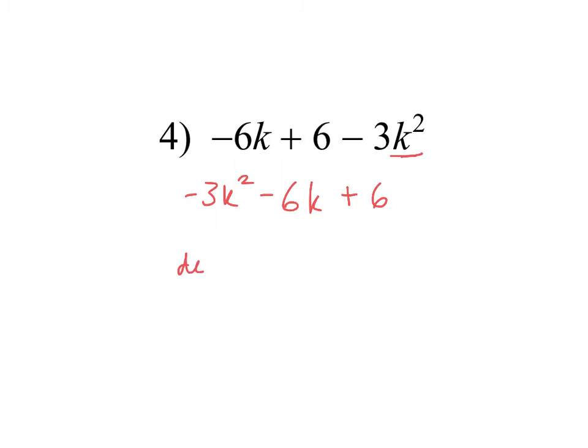How do we classify this by the highest degree? What's our highest degree? 2. And what do we call something with the highest degree of 2? No. Binomial would be if there were 2 terms, but this is our degree is 2.